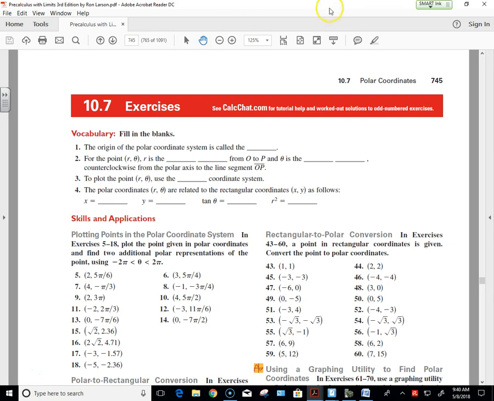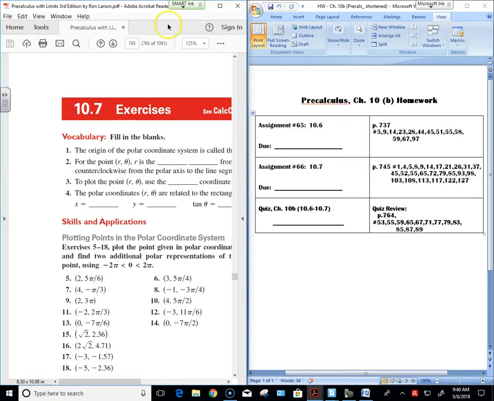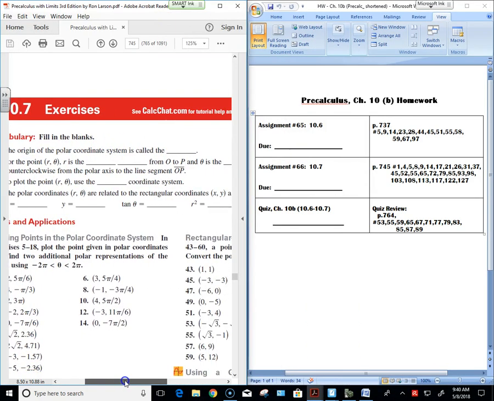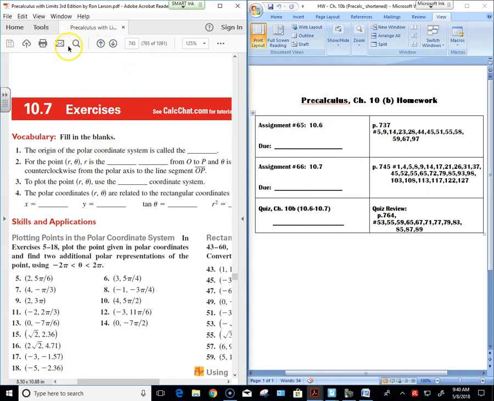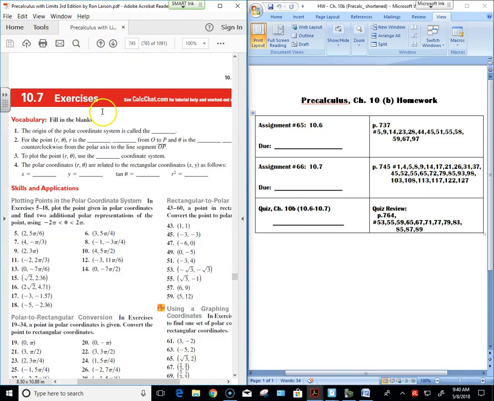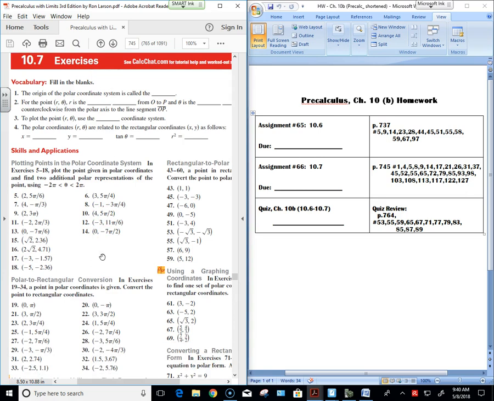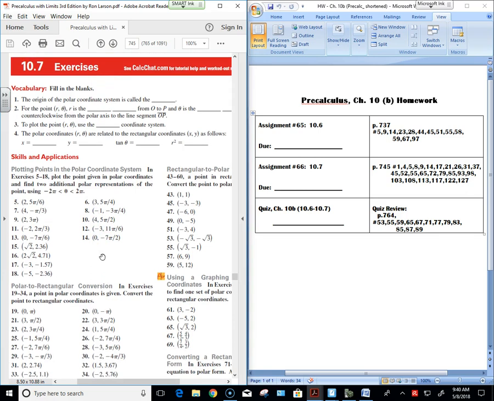Hold on. Hey kiddos, not only is the homework up there, but also the beginning of 10.7. So as soon as you finish writing the homework, if you haven't started, shame on you. I told you to graph points last night. You could actually start working on the homework.